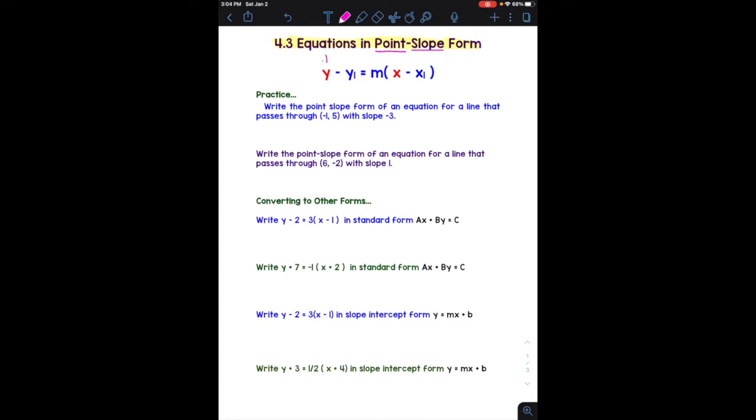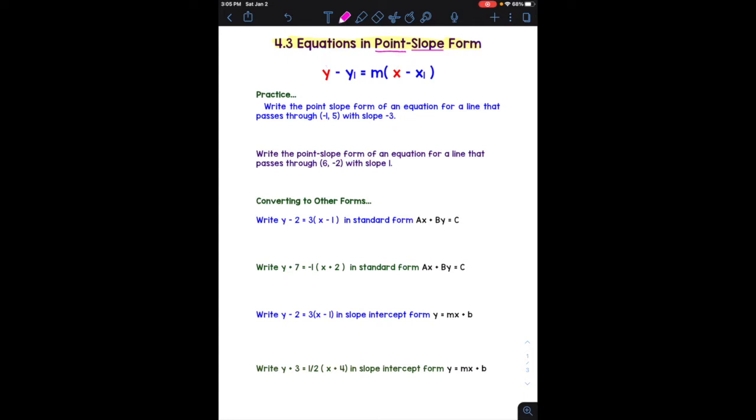The reason why the y and the x in this model are in red is because when you write an equation in point-slope form, those two variables will literally be y and x. Just like y equals mx plus b, the y and the x you write as y and x.